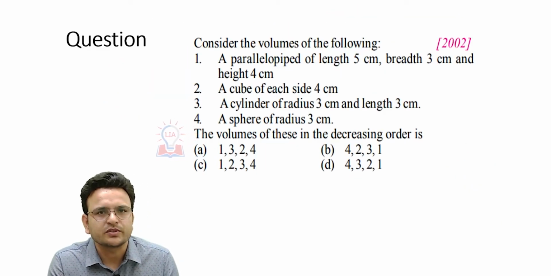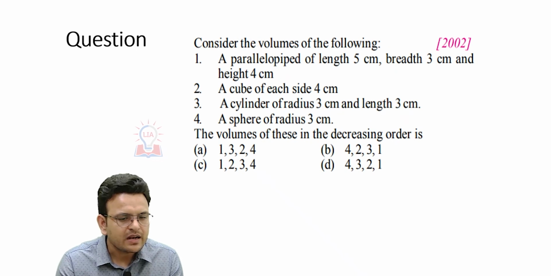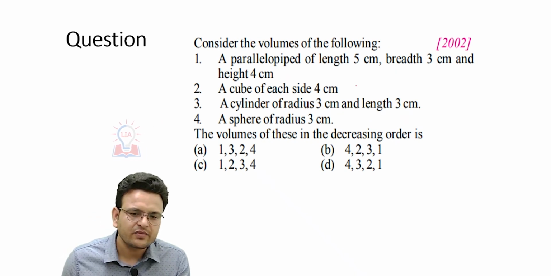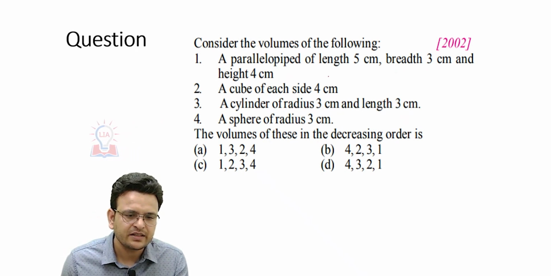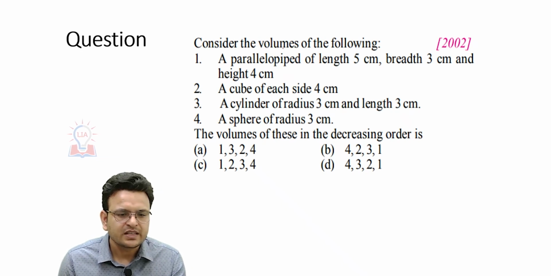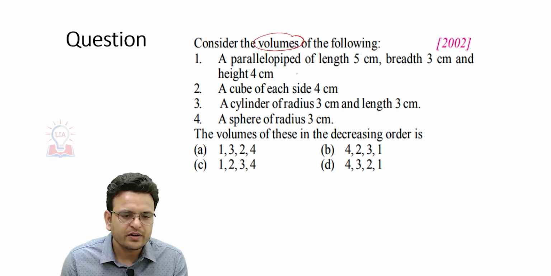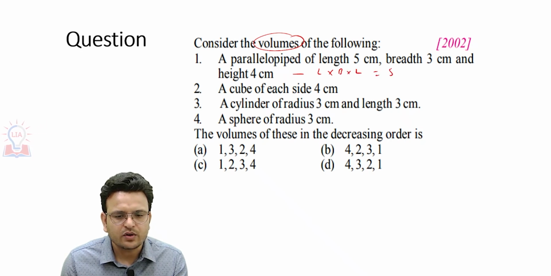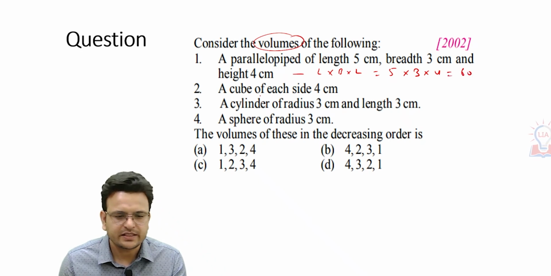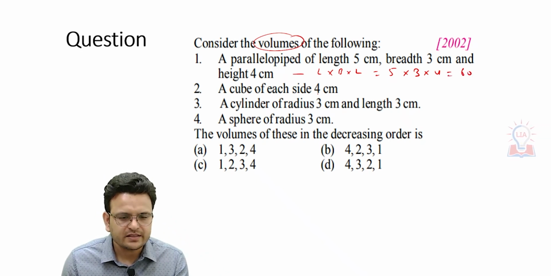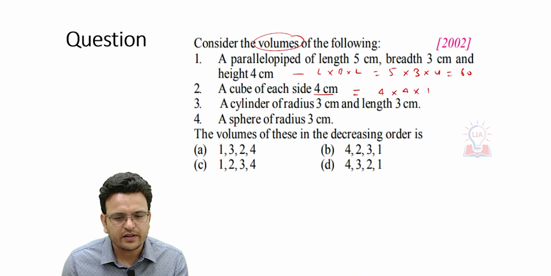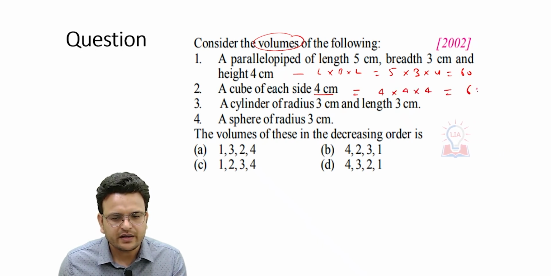See one more question. So here a parallelepiped of length 5 cm, breadth 3 cm, height 4 cm. Consider the volume. The volume will be length into breadth into height equal to 5 into 3 into 4. It becomes 60. A cube of each side 4, so here 4 into 4 into 4, then it becomes 64.